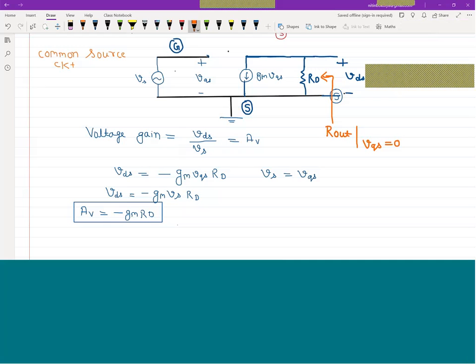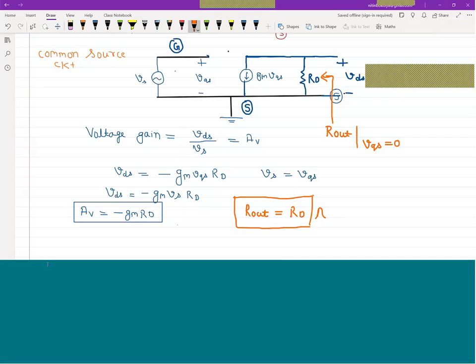So if VGS equals 0, this current source will act as an open circuit. So the R out for this circuit is equivalent to RD. R out is equivalent to RD ohm.